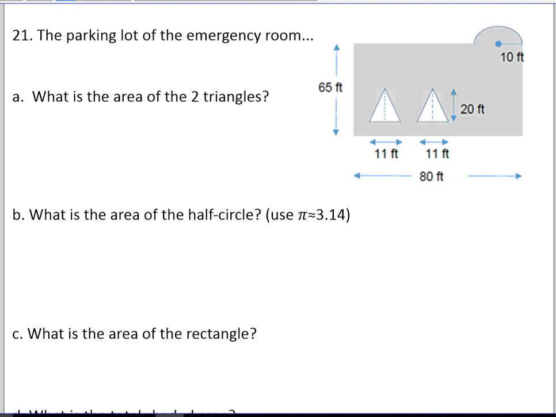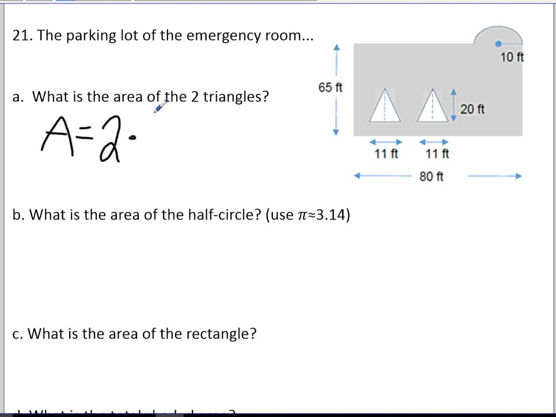Let's look at number 21, emergency room parking lot. Notice we have a semicircle at the top, a rectangular parking lot with 2 triangular shapes cut out. So first, it's asking us for the area of the 2 triangles. So the area equals, and since there's 2 of them, we can put a 2 in front of our formula, since they're both the same.